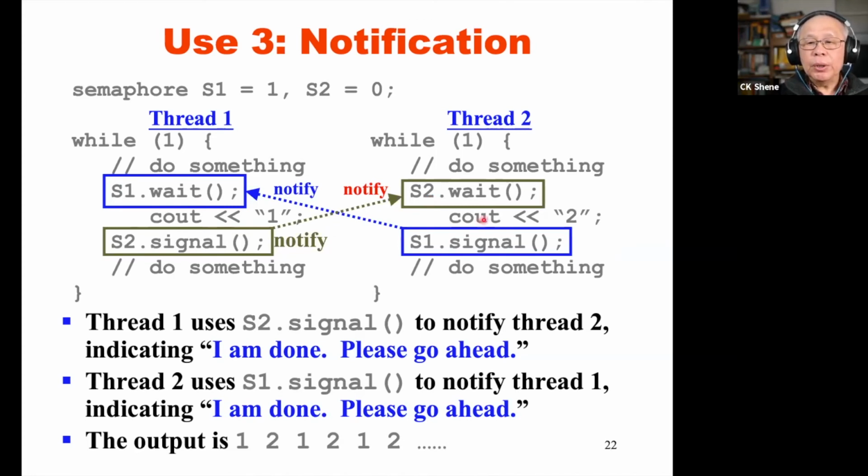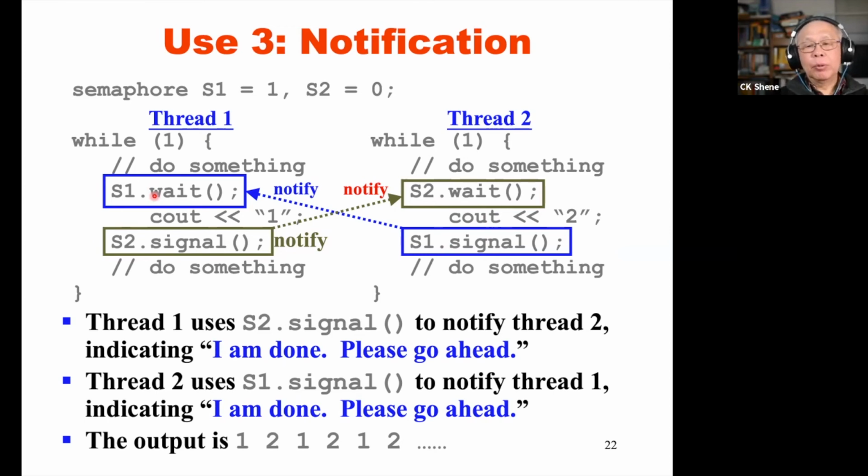So thread 2 prints out 2. After that, thread 2 signals S1. Meanwhile, thread 1 may be waiting there. So in this case, thread 1 uses S2 signal to notify thread 2 that I'm done, please go ahead.